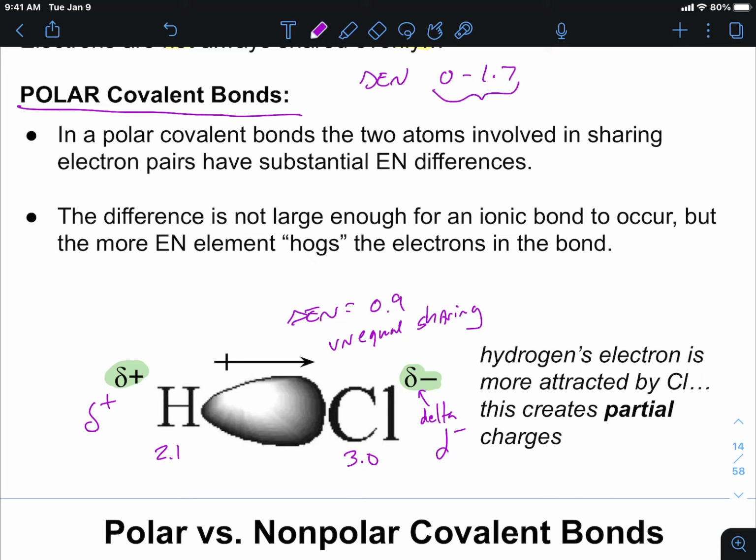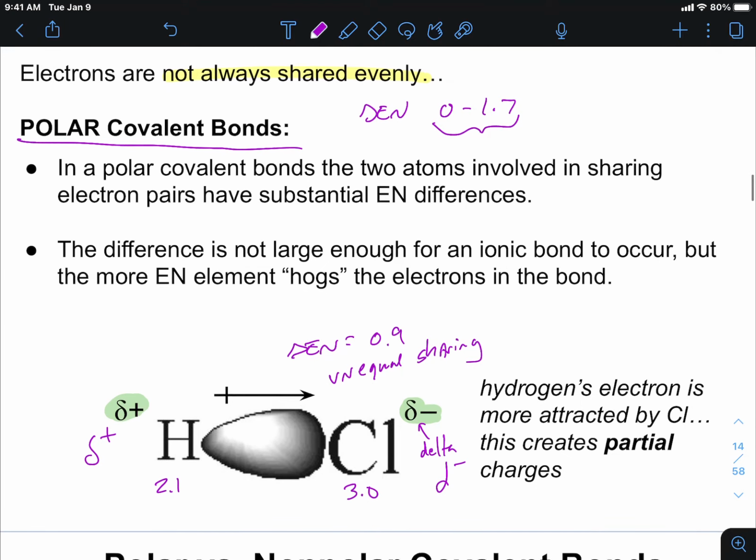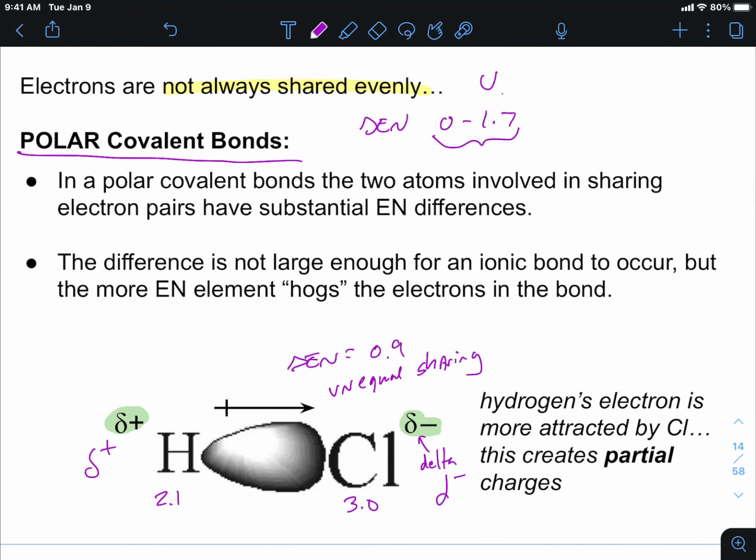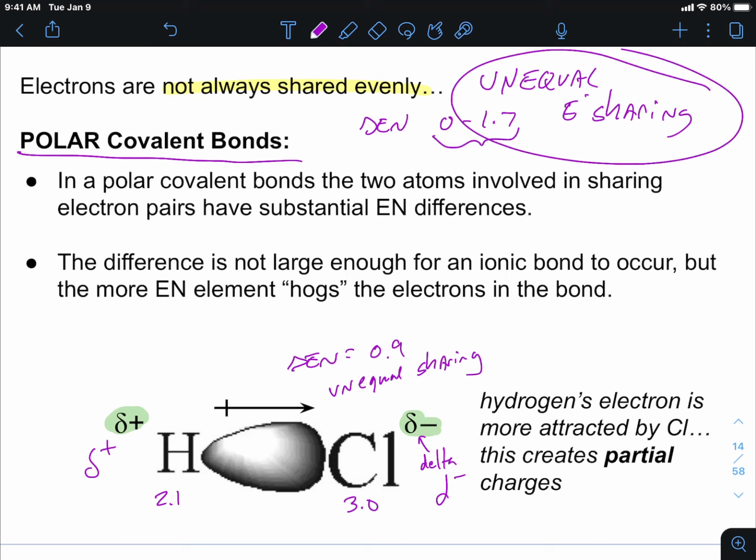So anytime your element's electronegativity difference is greater than 0 but less than 1.7, it's polar covalent. And the key term for polar covalent bond is unequal electron sharing. That's the most important aspect of polar covalent bonding, okay? Unequal electron sharing.